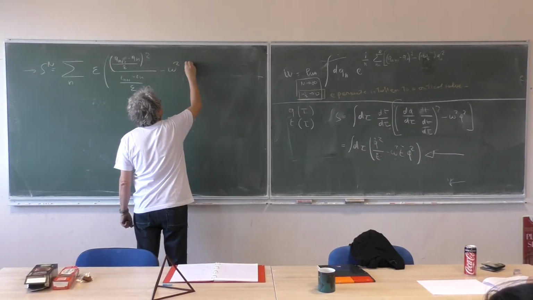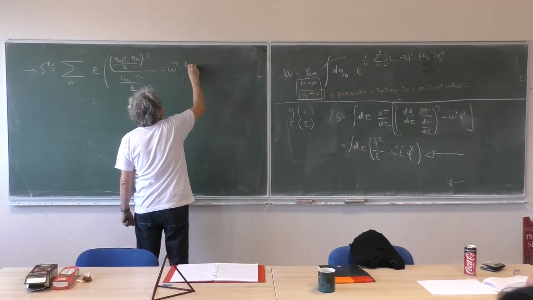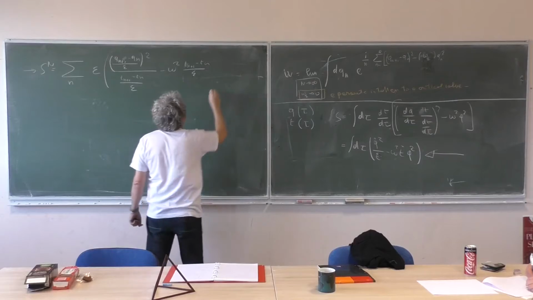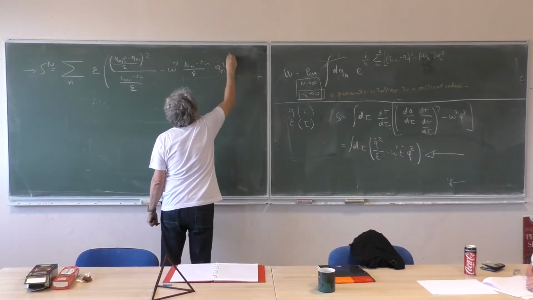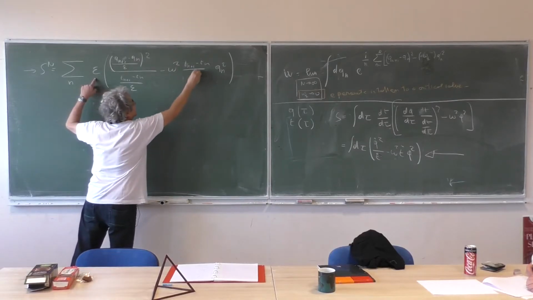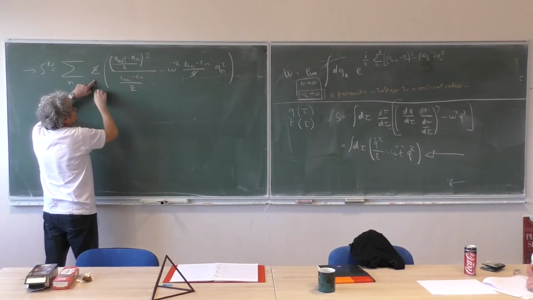t dot is t n plus 1 minus t n over epsilon. q n squared doesn't need anything. What happens? Is it unbelievable? Epsilon, epsilon cancel. Epsilon squared, epsilon, epsilon cancel.